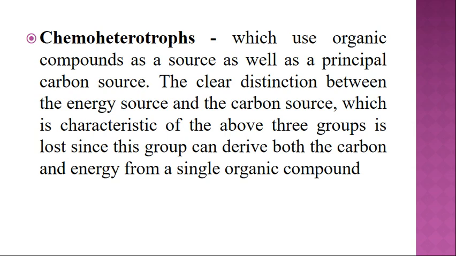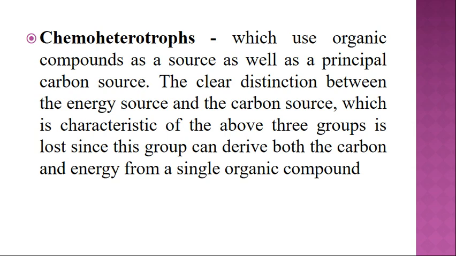Here you cannot make an exact distinction between which one is a carbon source and which one is an energy source, because these organisms derive both carbon and energy from a single organic compound. Chemoheterotrophic microorganisms obtain their carbon and energy from simpler organic compounds. For example, most saprophytic bacteria and fungi are the best examples of chemoheterotrophs. They use organic compounds as a source of carbon and energy.